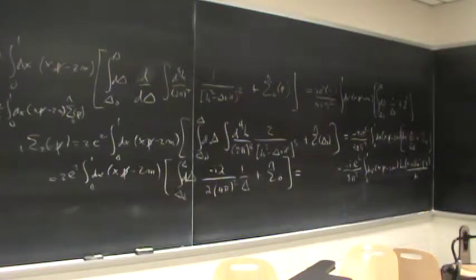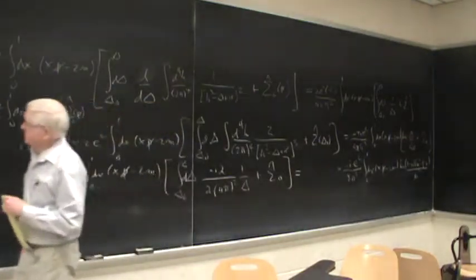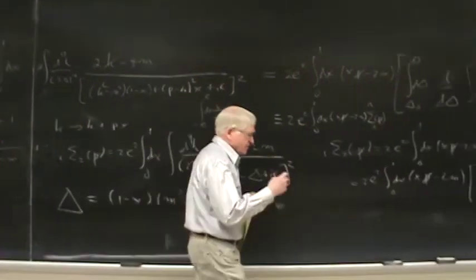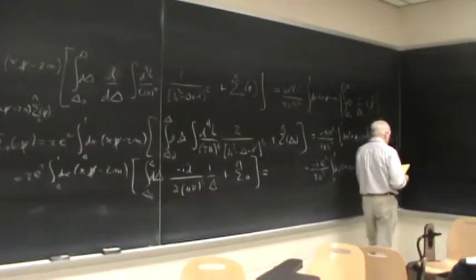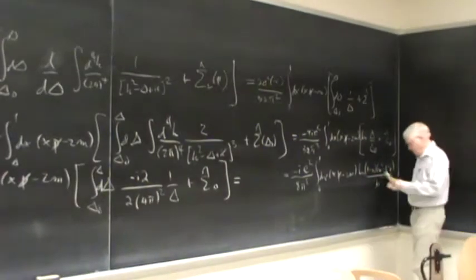And then if we multiply by minus i, because we remember that what we're actually computing here is i sigma 2. So we multiply both sides by minus i. That gives a minus sign here. The minus sign on the log just flips the argument.